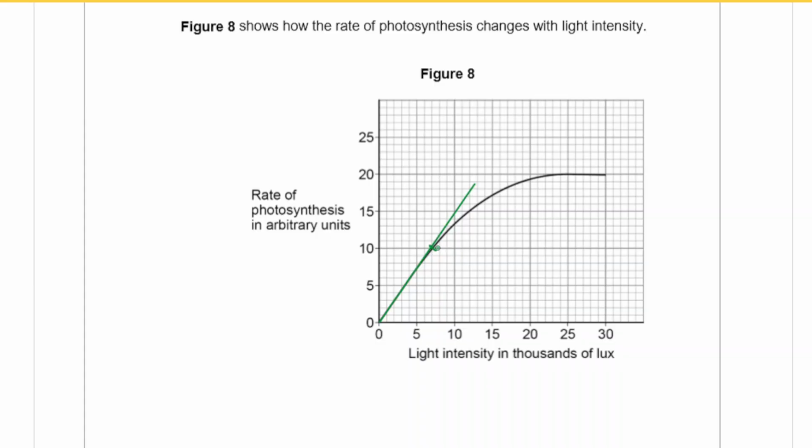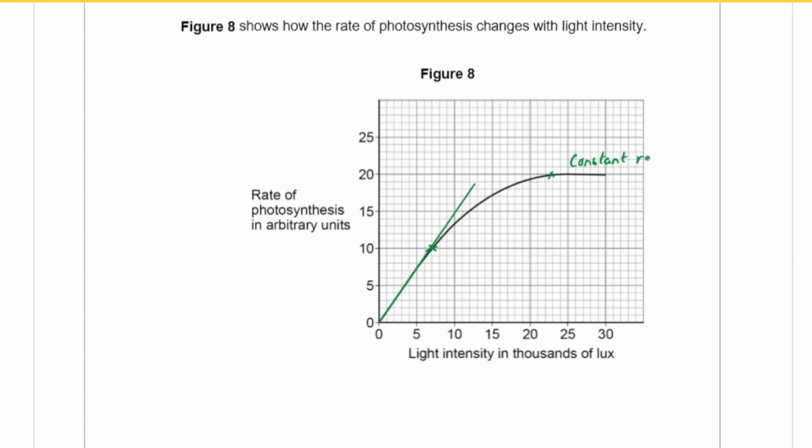So up to about this point, it's actually a straight line. And then it slowly, at this point, the rate is a constant increase. And the increase in rate is actually slowly decreasing. And after this point, the rate is the same or constant.